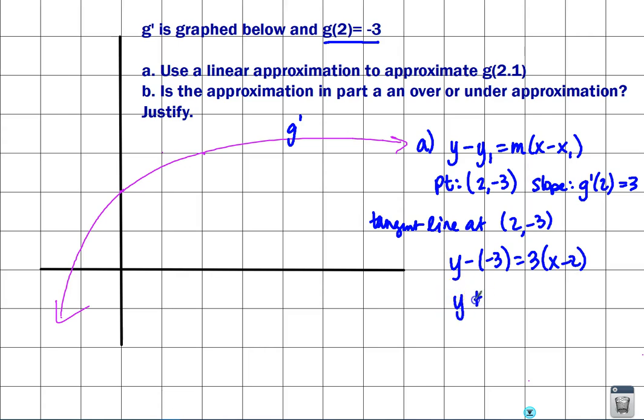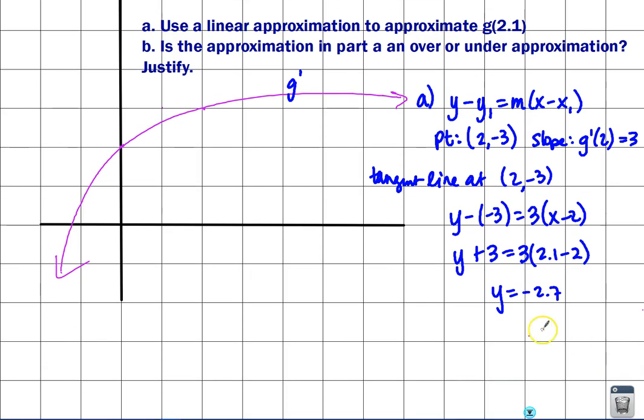So this is y plus 3 is equal to 3 times, now again, I'm going to approximate it at 2.1, so 2.1 minus 2, all right, and then I'm going to end up with y, if I simplify, 3 times, well actually, sorry, 2.1 minus 2 is just 0.1, times 3 is 0.3, right, and then subtract the 3, you get -2.7, so roughly g of 2.1 is approximately -2.7.